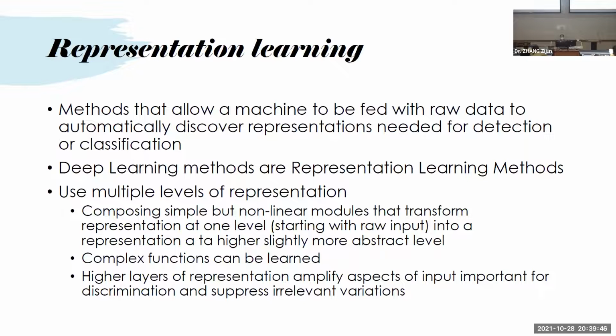So we definitely need to learn a low dimensional representation of this high dimensional input. This is the thing we typically want to do. These methods allow a machine to be fed with raw data and automatically discover the representations needed for detection or classification.